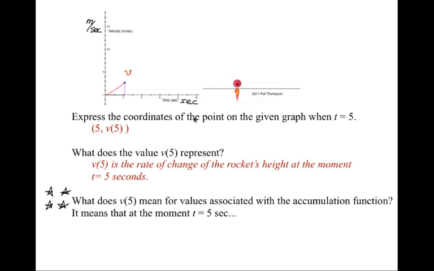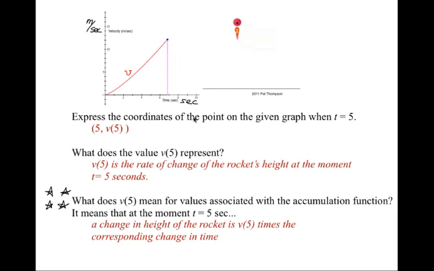So, given any change in time, the change in height is v of 5 times that change in time. We need to have a recap, review homework assignment on this, but this is crucially important. It means that a change in height of the rocket is v of 5 times the corresponding change in time. Now there's a qualification.